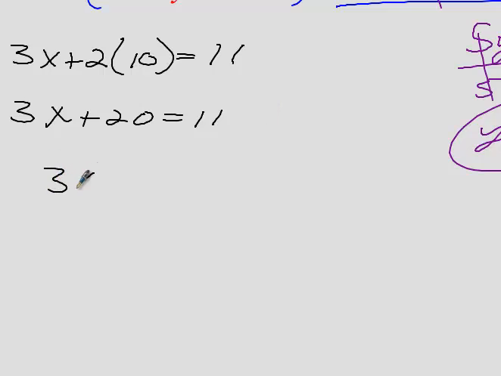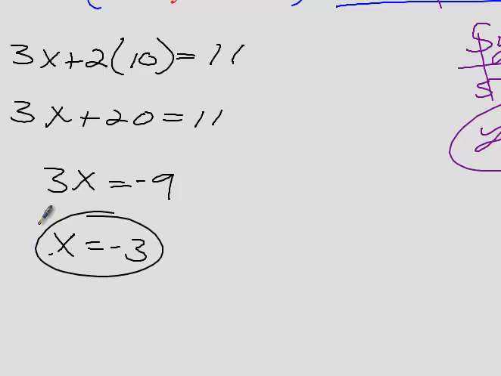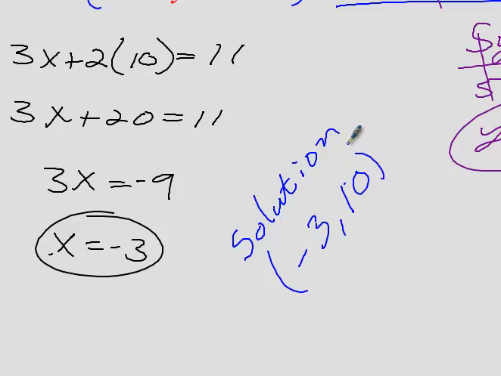Minus 20, so 3x is equal to negative 9. How do I get x by itself? So x is equal to negative 3. And again, just like always, I have to write out what my solution is. Solution is still going to be an ordered pair, and it's negative 3, 10.